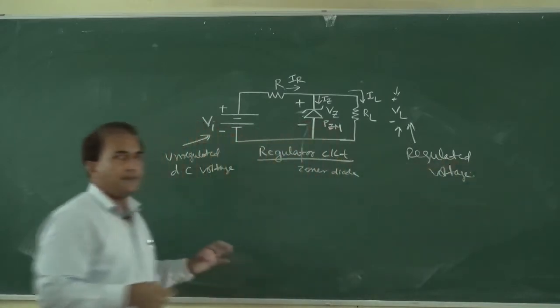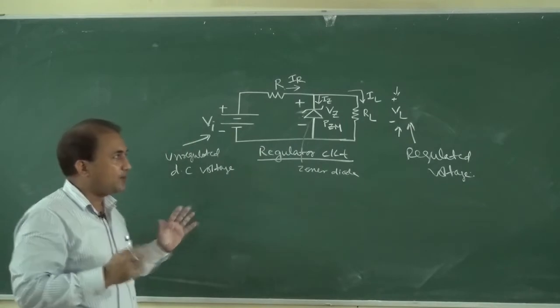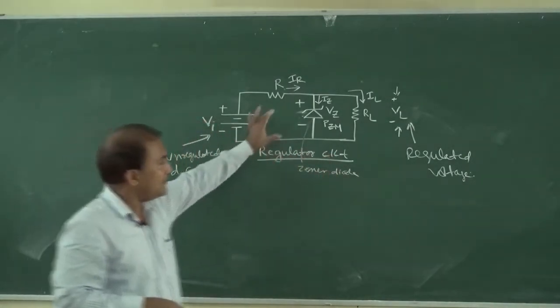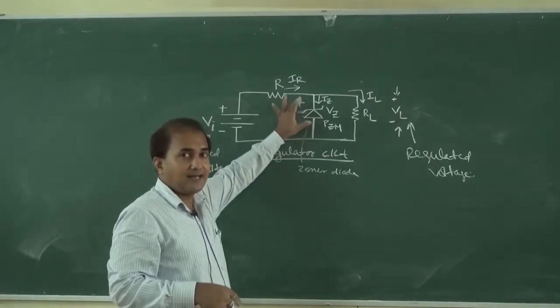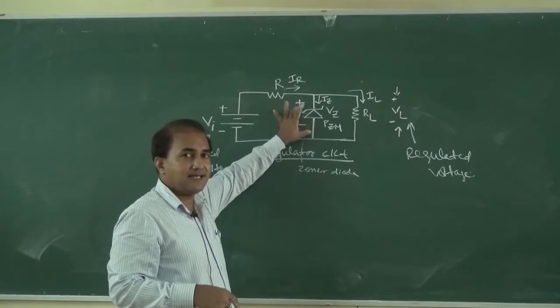The main aim of a regulator circuit is to produce a regulated voltage by using a Zener diode. And this Zener diode is always in reverse bias condition.